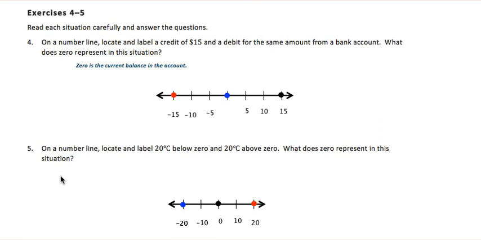And 0 in this situation is the dividing line between negative and positive temperatures.